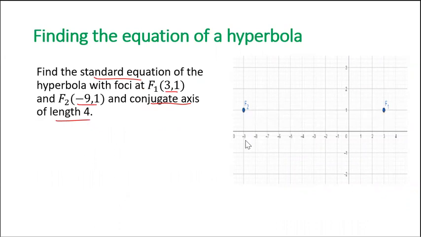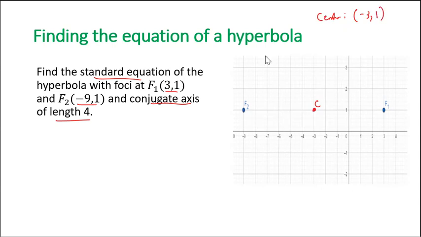The distance is 9 plus 3, which is 12. Divide by 2, that's 6. So if we count 6 units to the right of this focus, we get the midpoint. So this is the center. The center is at x equals -3, y equals 1.